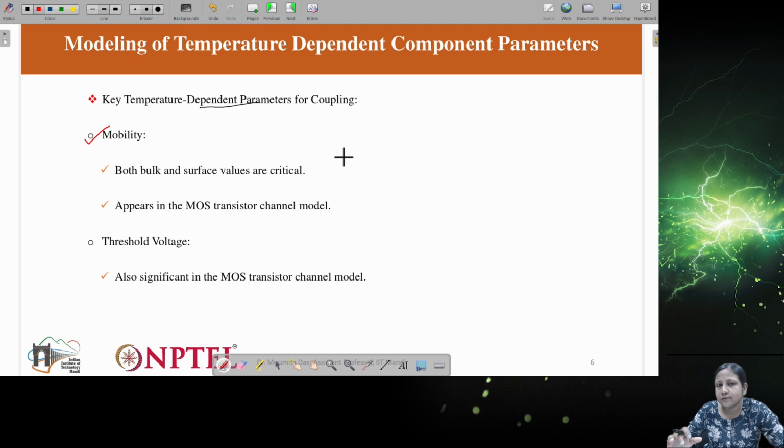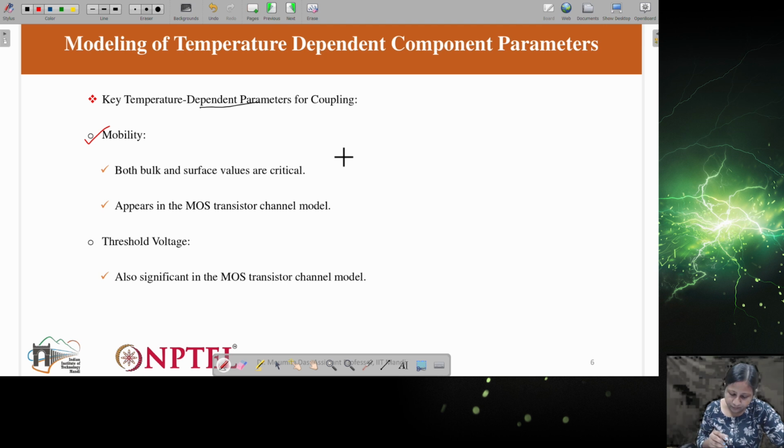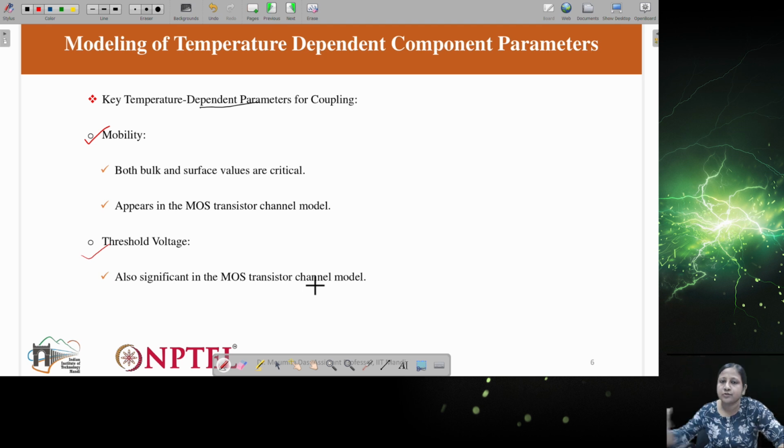Right now I'll just give you the idea about what components are included in this temperature model. Second is the threshold voltage. This is significant for the MOS transistor channel model, because threshold voltage can also vary with respect to temperature.